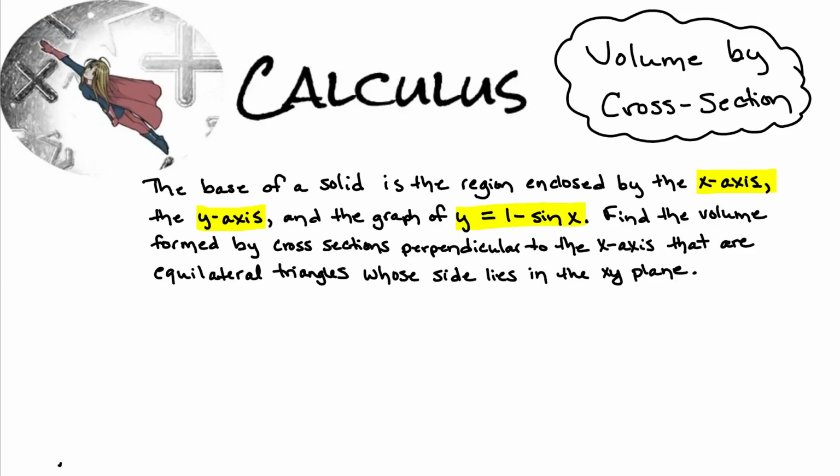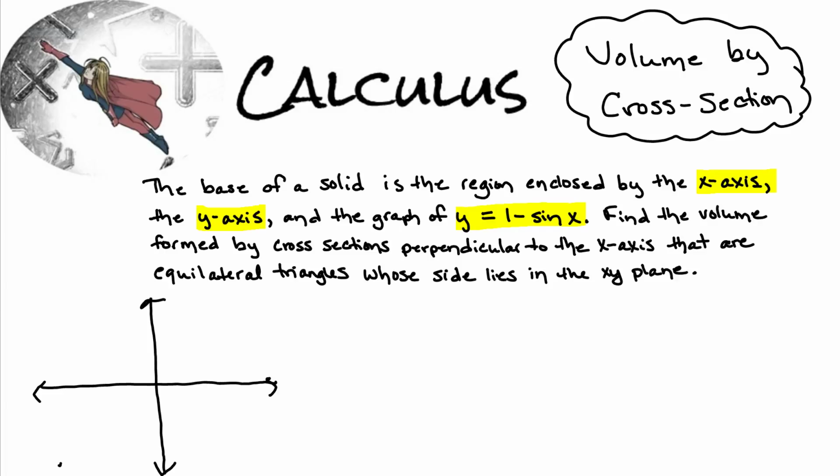So we're going to attempt to graph that region, and it is good to be able to graph these by hand, even though for the most part you'll have a calculator to be doing the integral at the end. It's still a time saver if you know how to graph it by hand. So we have the x-axis and the y-axis, and then the graph of 1 minus sine of x.